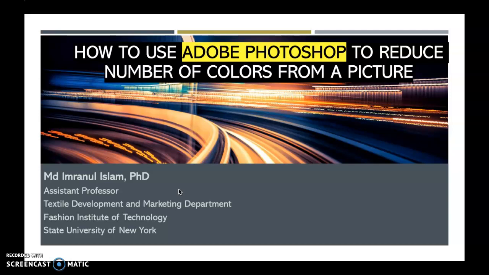However, you can do the same thing, reducing the number of colors from a picture or an image, using Adobe Photoshop too. I was under the impression that I could reduce to only 8 to 9 colors, not less than that, using Adobe Photoshop, which is not true.